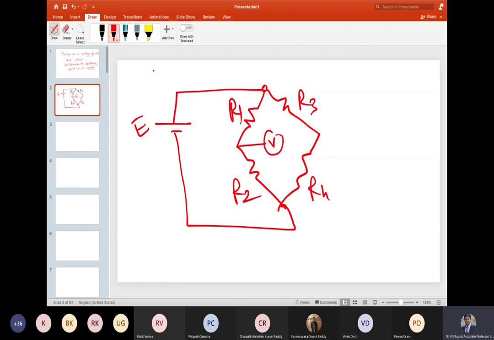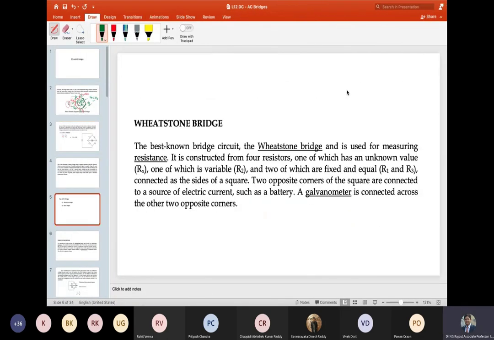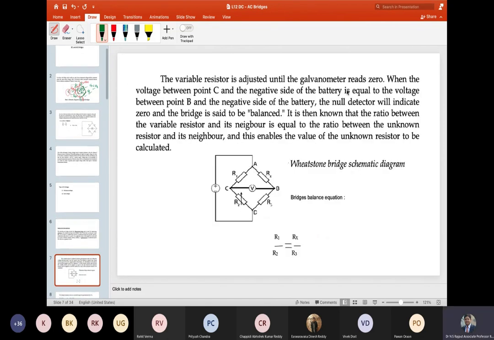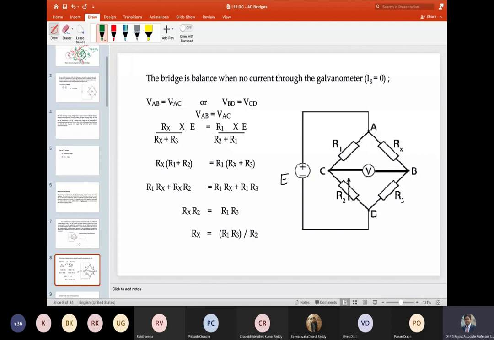And if I place a voltmeter here, I can say that this is VA and this is VB. Okay, so to find out this voltage, I can do the following.